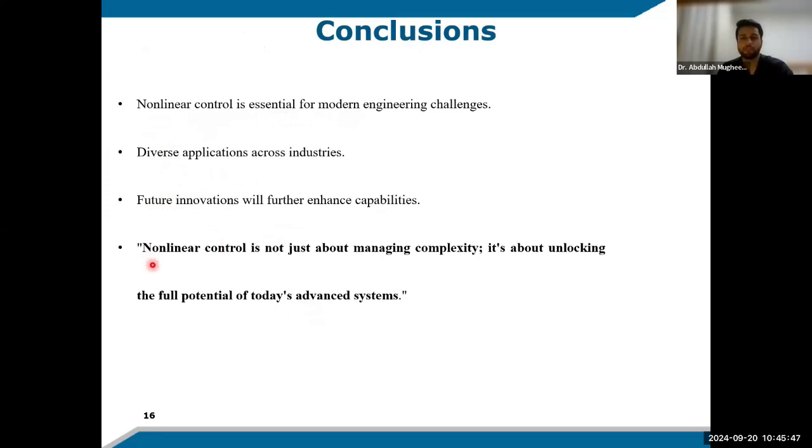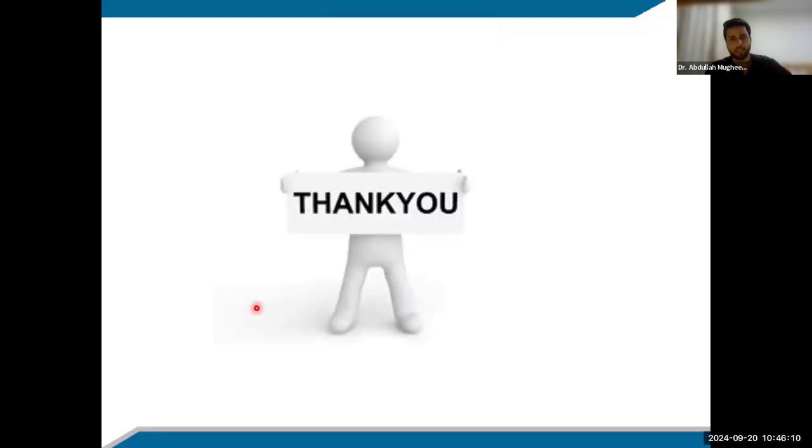So to sum up, the final stance would be that nonlinear control is not just about managing complexity. It's about unlocking the full potential of today's advanced systems. Okay, if you limit some system, a linear technique may work. If you are utilizing the full potential of a system, every feature of that system, then nonlinear control, you need it. Okay. So that's pretty much it.